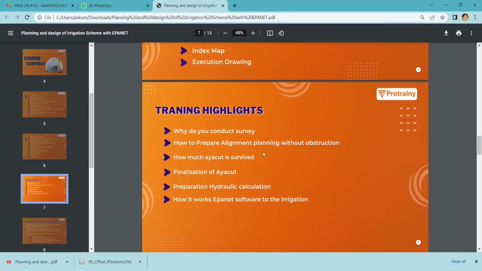How to prepare the alignment planning without obstructions? Without obstructions, it is a must and should. We already discussed this. That means if the pipe is laid on top of a building, a lot of wastage will be available.